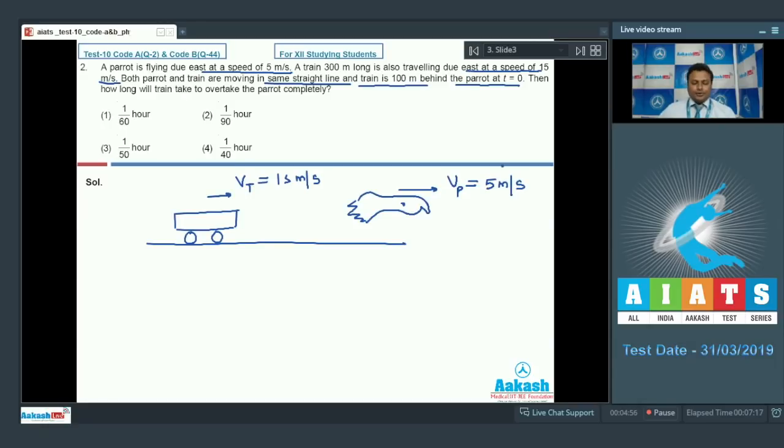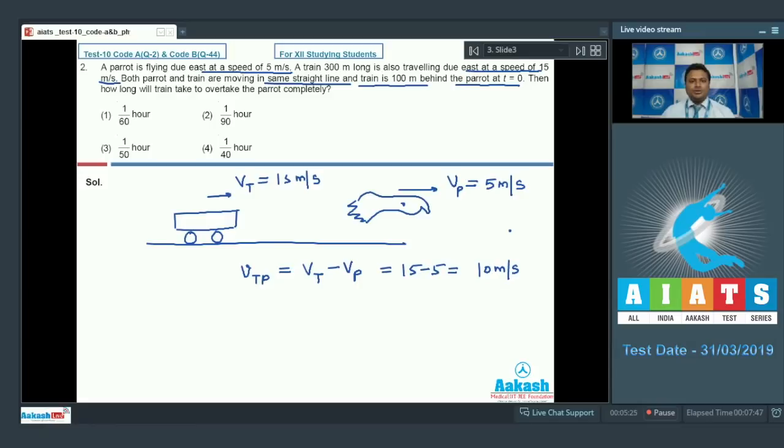Now, since the motion is in a straight line and they are moving in the same direction, we can write directly vtp, that is the relative speed of the train with respect to the parrot, given by the speed of train minus the speed of parrot, which gives us 15 minus 5, that is 10 meters per second.